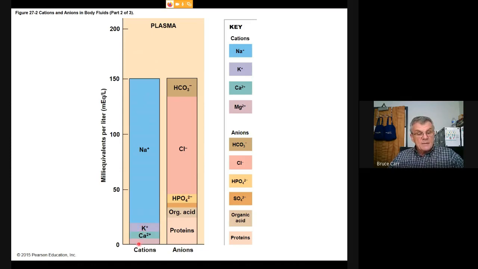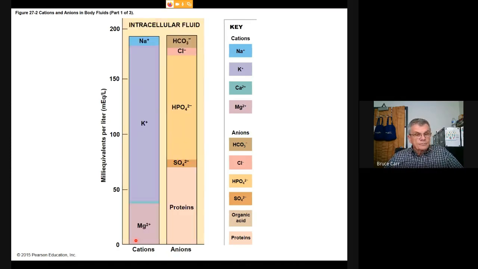Potassium, calcium, and magnesium are shown over here on the left. Relatively low concentrations, but very important. These are the supply levels that are transporting these to the intracellular fluid. So what do you suppose it means? Go back.